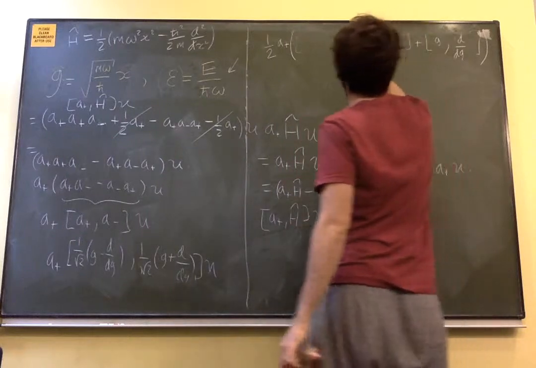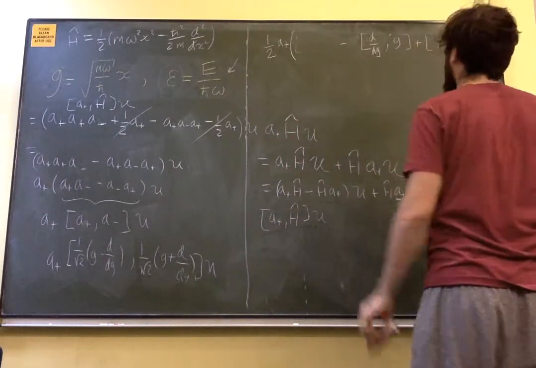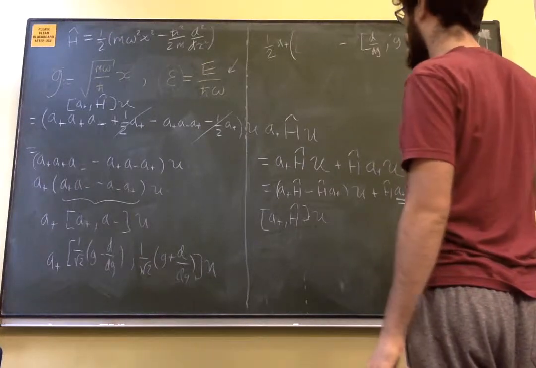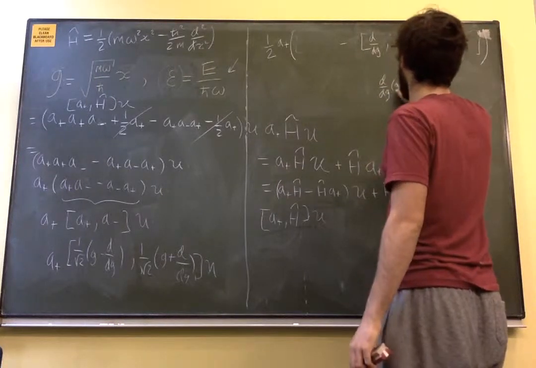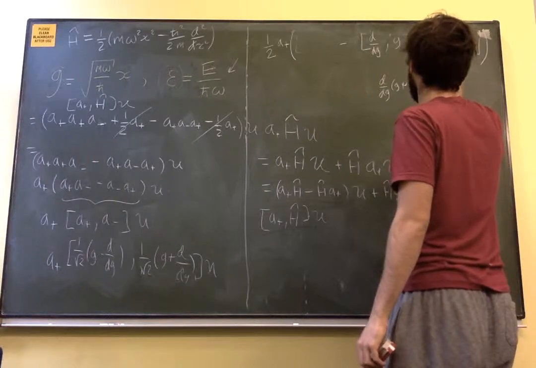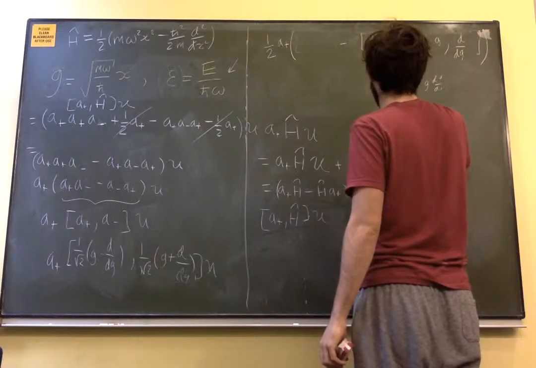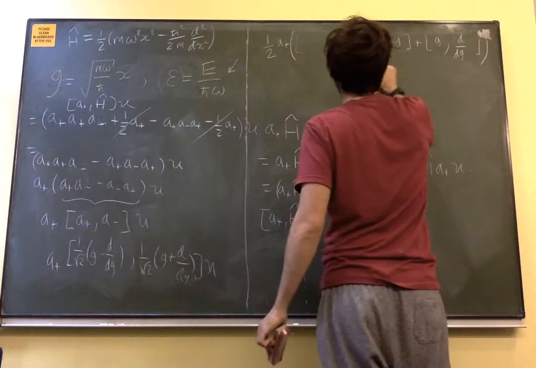So what is this? Throw the minus sign out here. This thing right here we've already seen. Let me quickly check this again. This right here is 1, so we get minus 1 here.